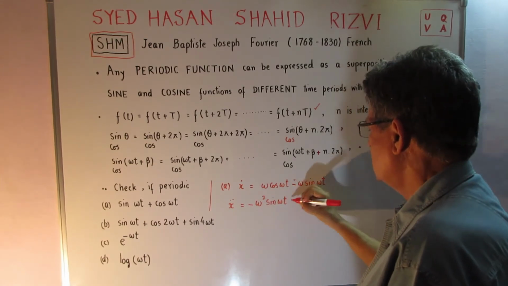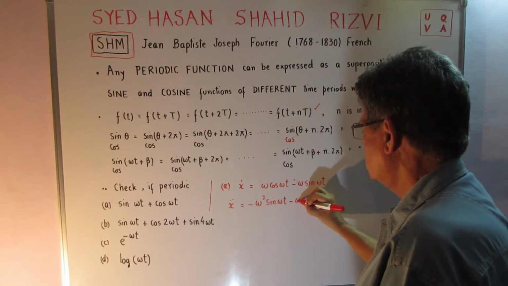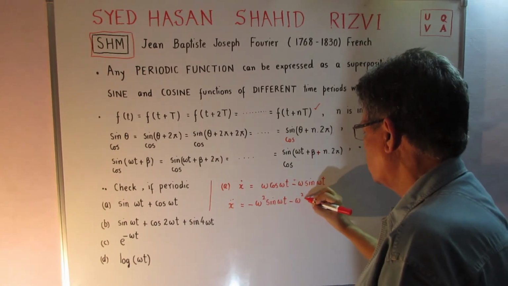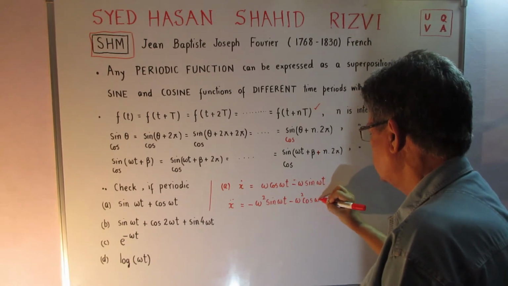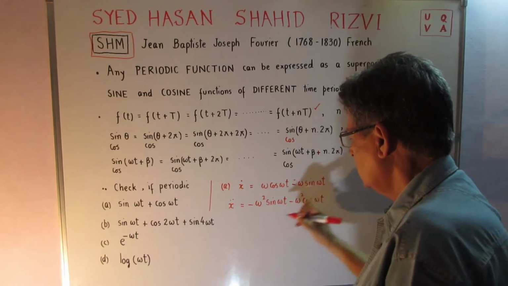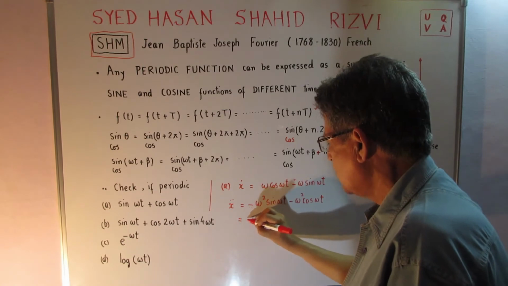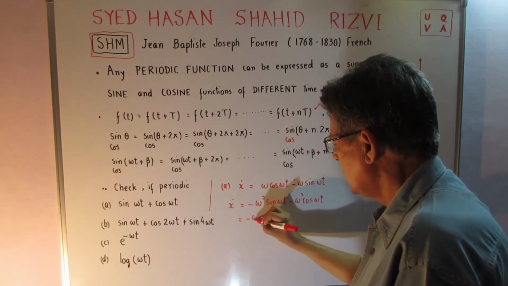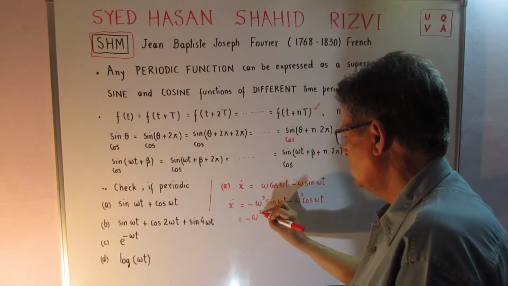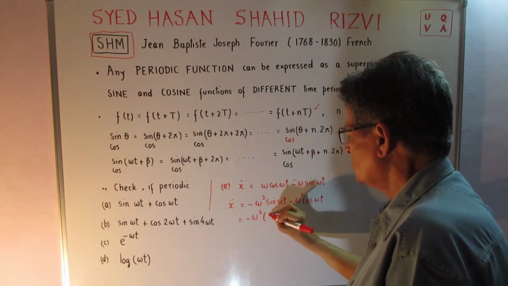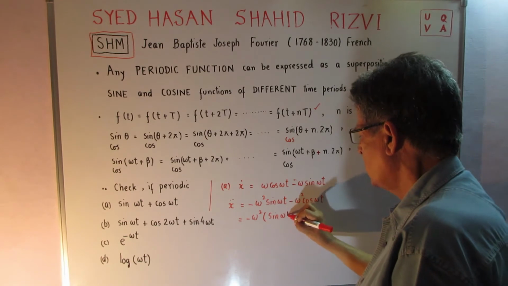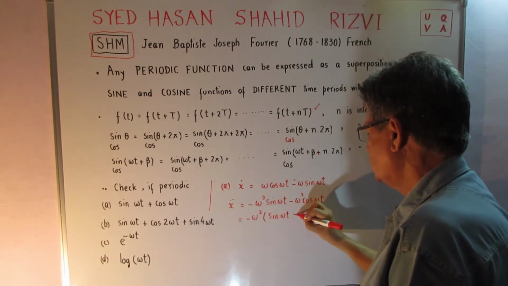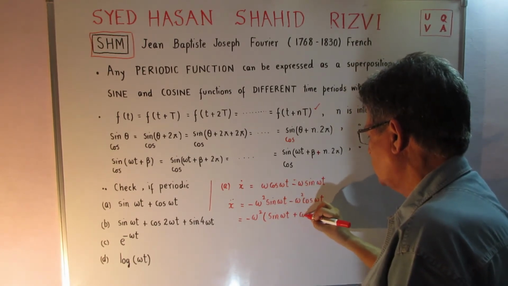and here minus omega square cos of omega t. So let us take minus omega square as common. What I get is minus omega square into sine of omega t plus cos of omega t.